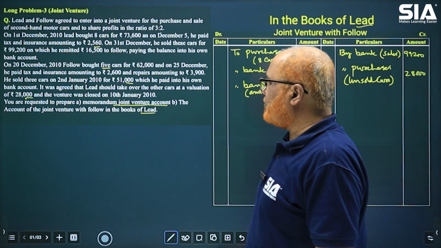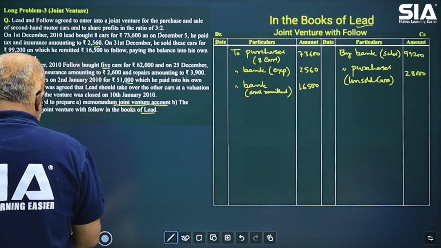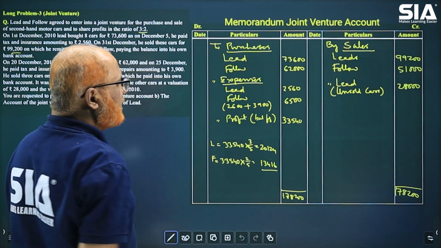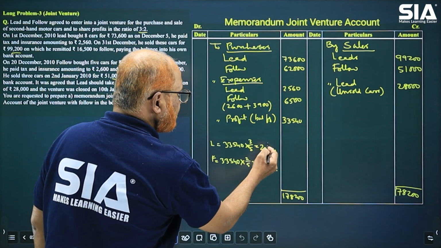That's all. Now profit, share of profit. How much is the share of profit of lead? Already we have calculated in the previous step. Share of profit of lead is 20,124.